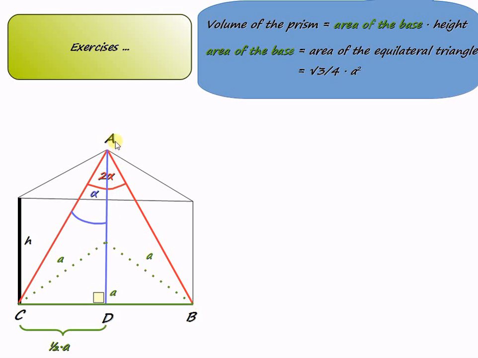Now we note that there is a right triangle ADC, whose hypotenuse is the face diagonal of our prism. Now we're gonna deal with this right triangle only.